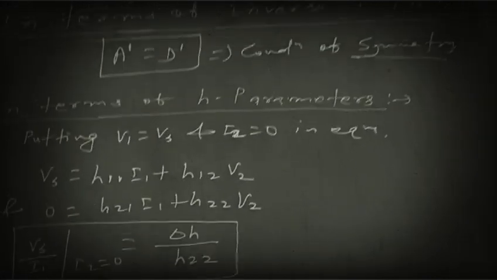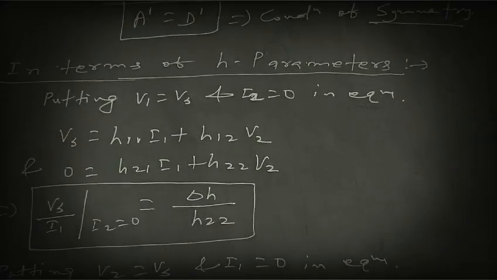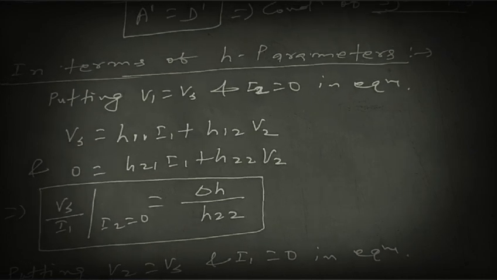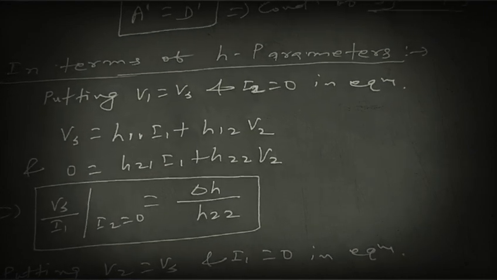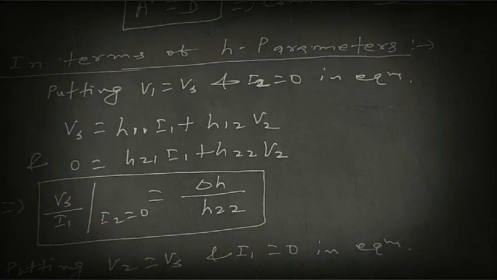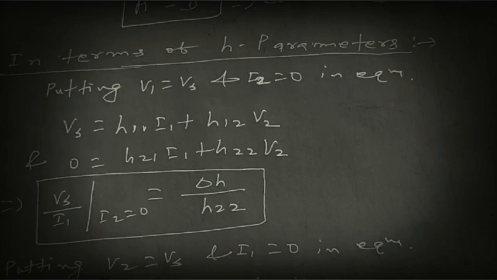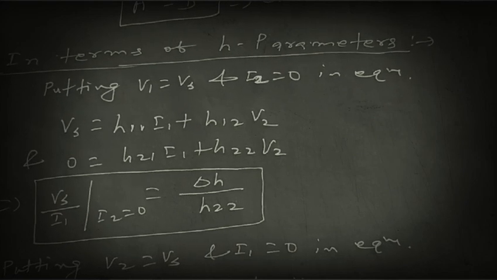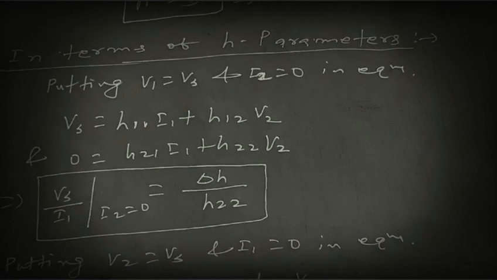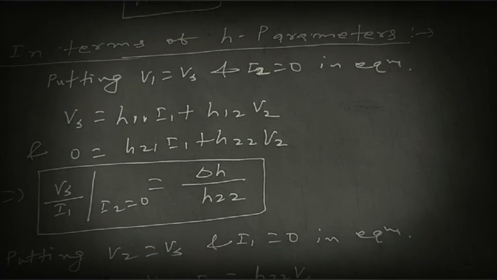Next, in terms of hybrid parameters, again we will put the conditions of figure A and figure B in the equations of hybrid parameters. We will get Vs equal to H11 into I1 plus H12 into V2, and the second equation will be 0 equal to H21 into I1 plus H22 into V2.